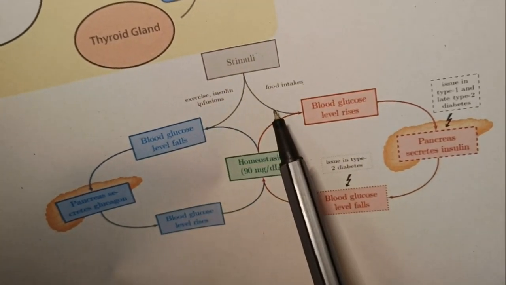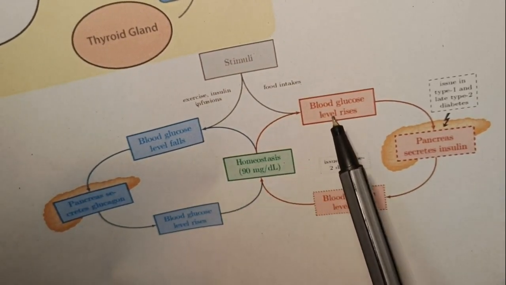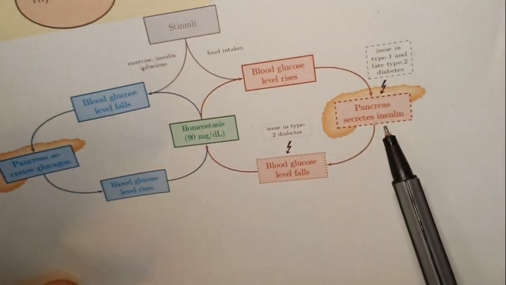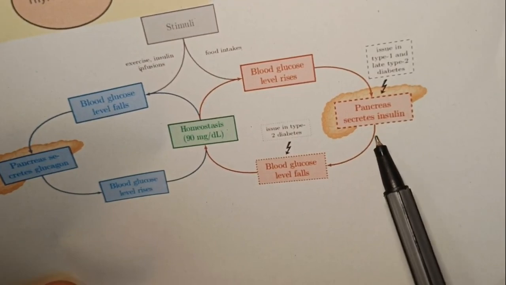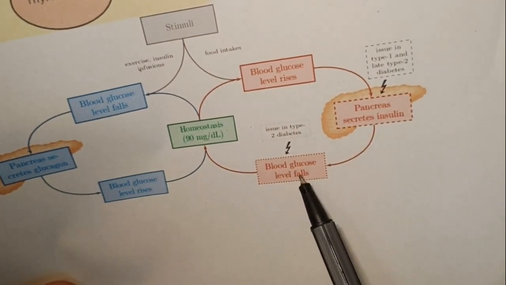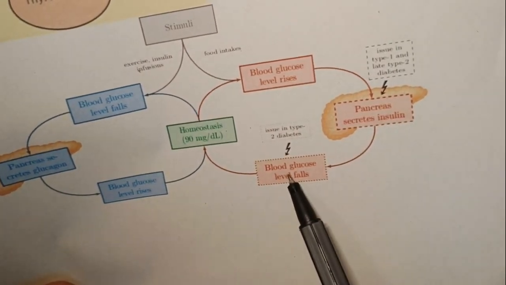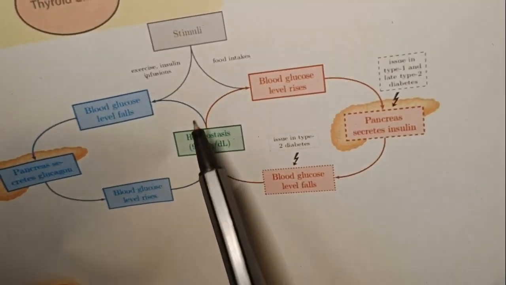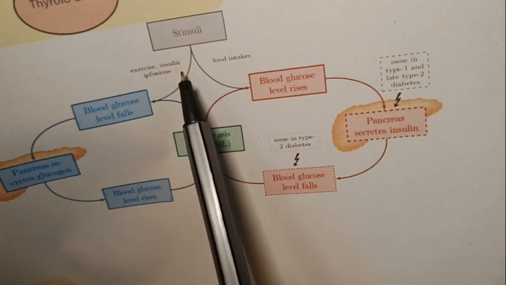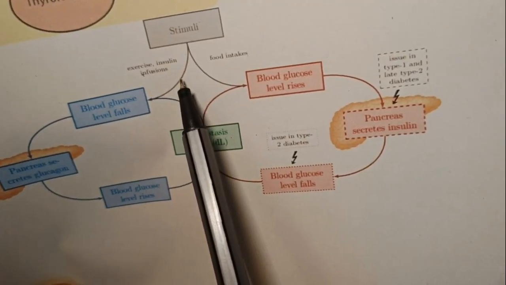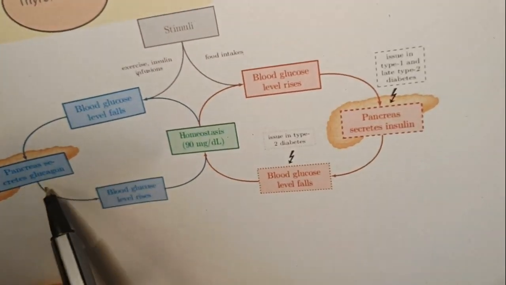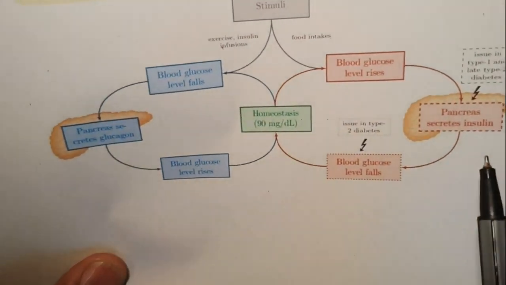So when we eat food, the blood glucose level increases and the pancreas will secrete insulin that drops the blood sugar, because the sugar enters into the cell and the sugar comes to normal. Now if someone is fasting, if their blood sugar falls, then the pancreas will secrete glucagon. It will not secrete insulin.